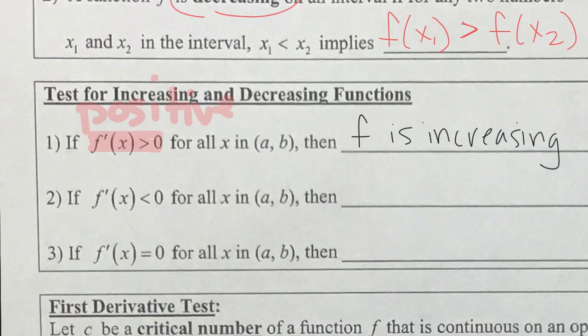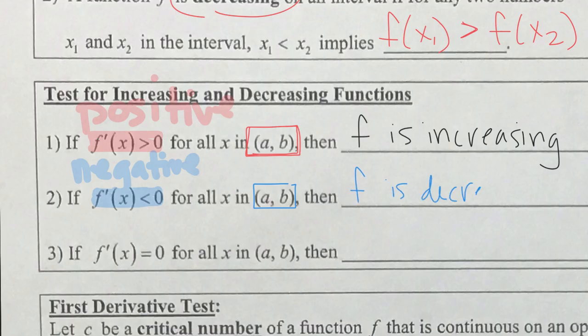The y values of your original function are getting greater on the same interval. So our answers are going to be intervals between two x values. And then of course, if our derivative is less than 0, which are known as negative numbers, and that's true on our interval, then f is decreasing on that interval.